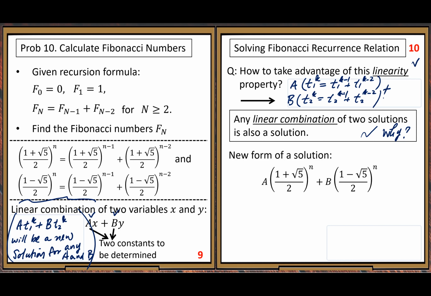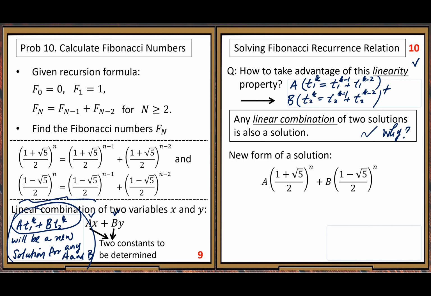The new equality must also hold. That tells you this A T1 to the kth plus B T2 to the kth must be a new solution after you add them up.